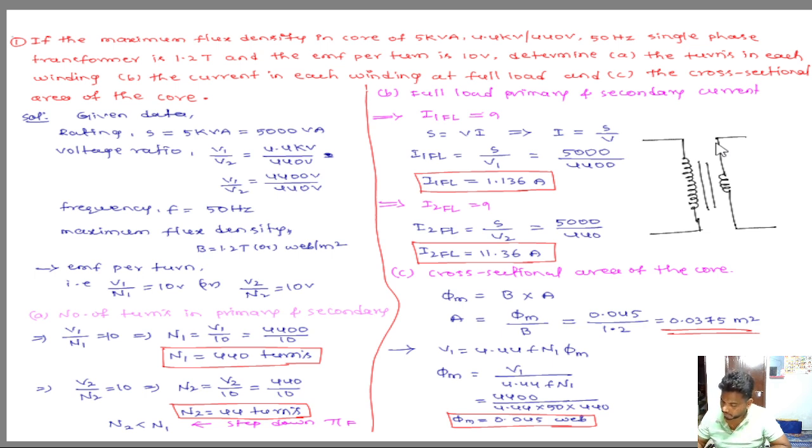Here the voltage is 440 volts, and here the voltage is 4.4 kilovolts. The number of turns here is 440 and here 44 turns. This is N1, this is N2.